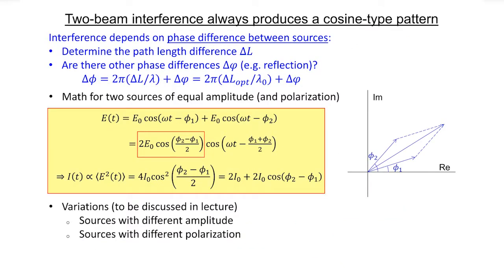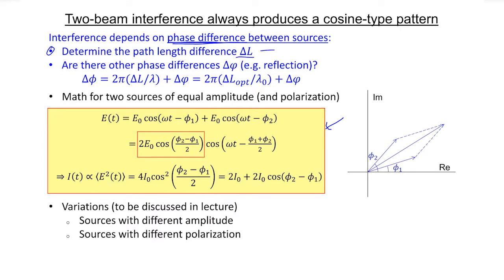The mathematics of two-beam interference is relatively simple, although you might not say so from this equation. Let me explain. Two-beam interference always depends only on the phase difference between the two sources. So what you do to calculate the amount of two-beam interference is you determine the path length difference between the sources.